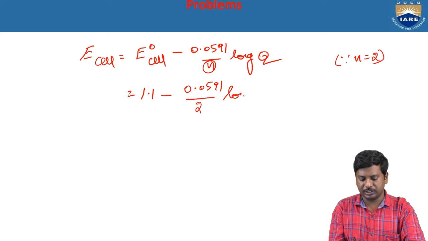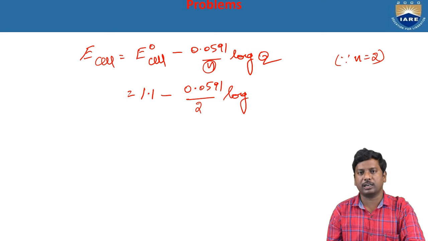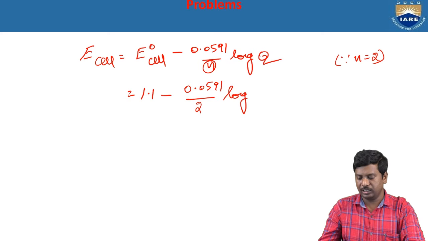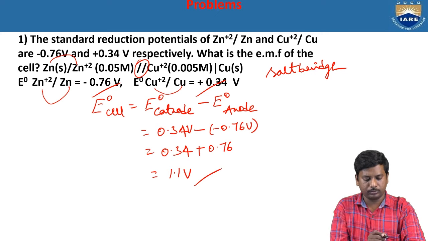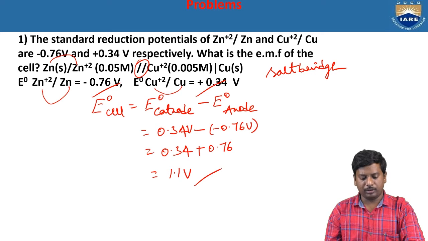Log 10 base Q means the concentration of the products and the concentration of the reactants. What are the concentrations of the products? Zinc converts to Zn2+, and Cu2+ converts to copper. So the concentration of the products is Zn2+ and Cu2+.